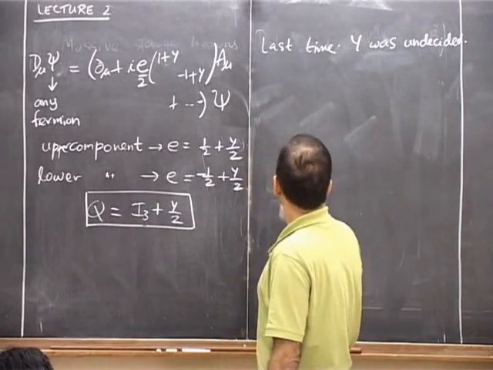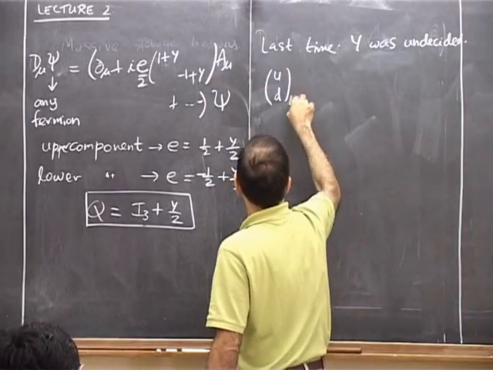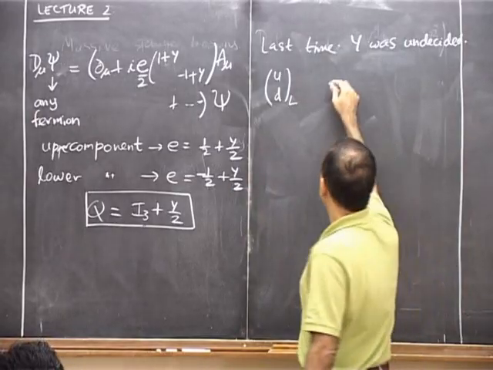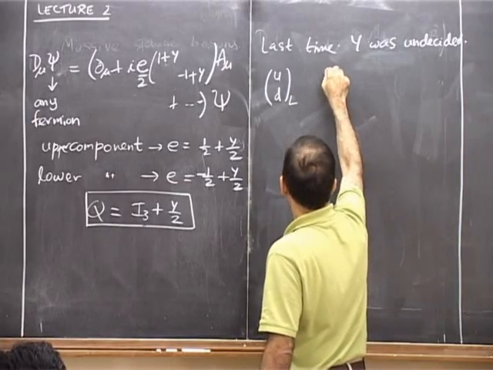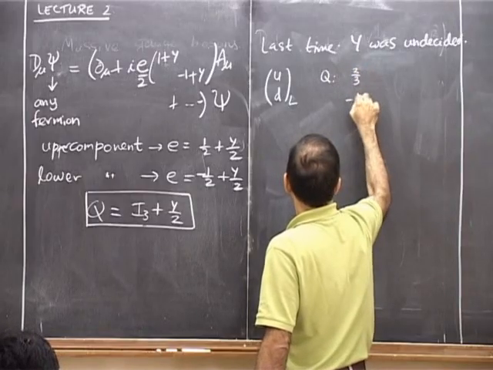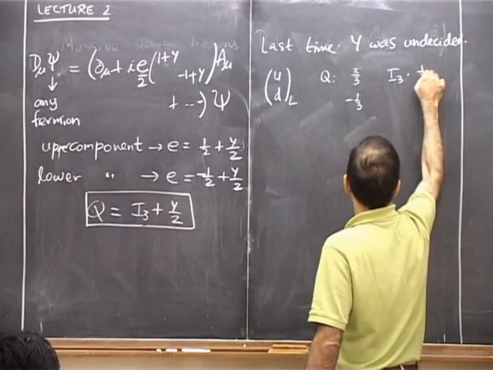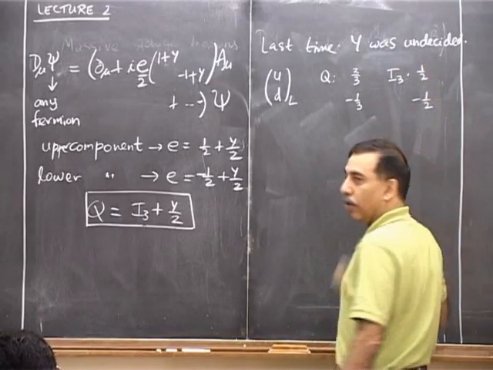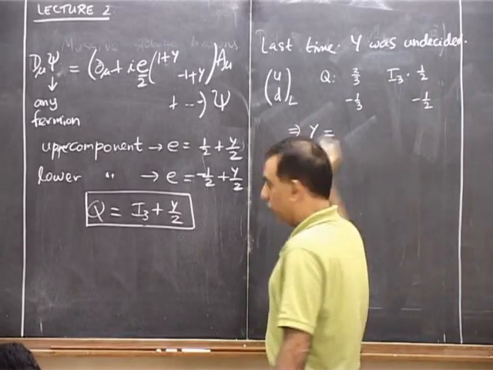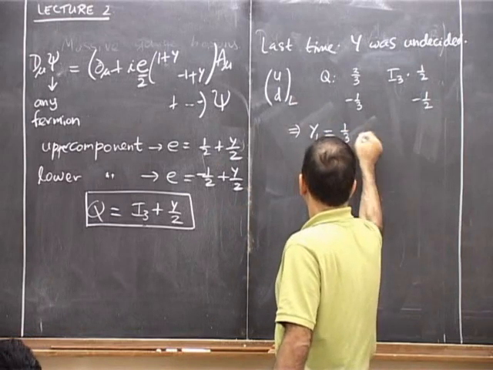Okay. So the first thing to do is the up and down quark left doublet. Here the electric charges are 2/3 for up and minus 1/3 for down, and I3 is a half for up and minus a half for down. Between these two, I find that Y of the left-handed doublet is 1/3.